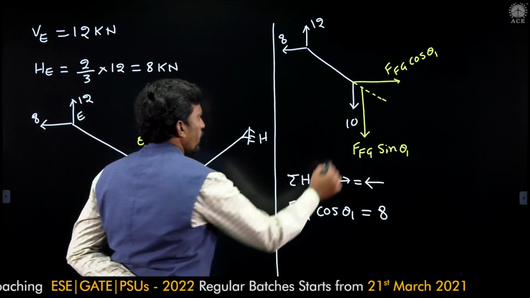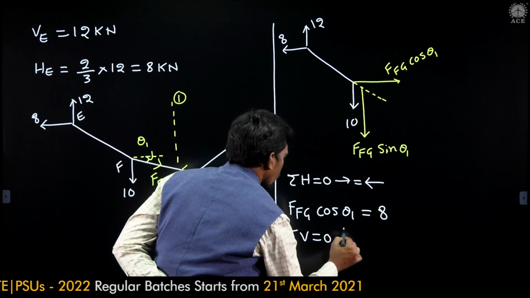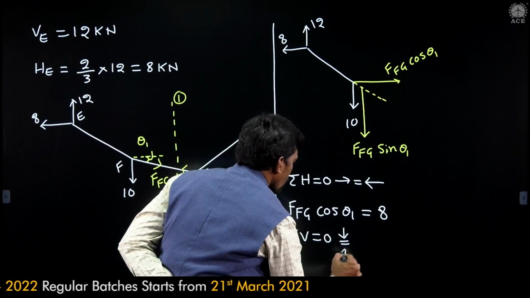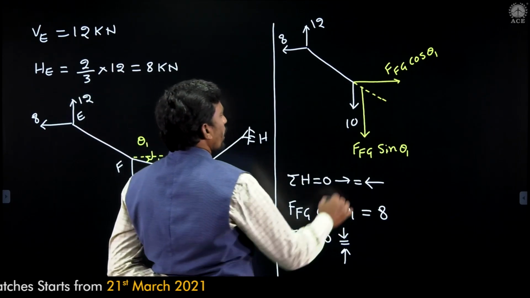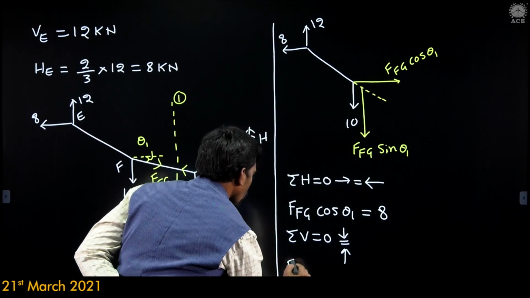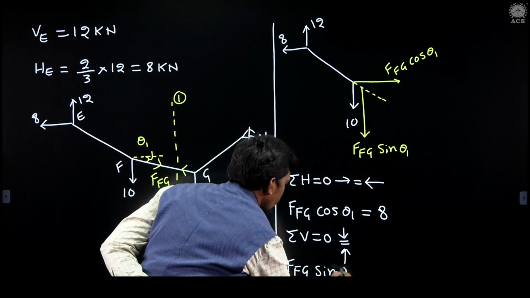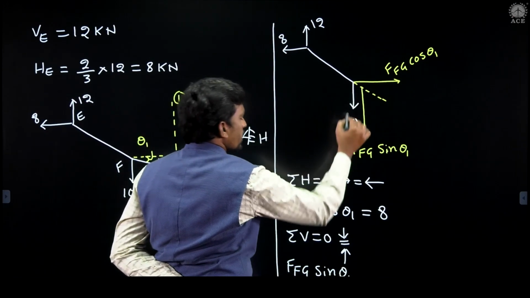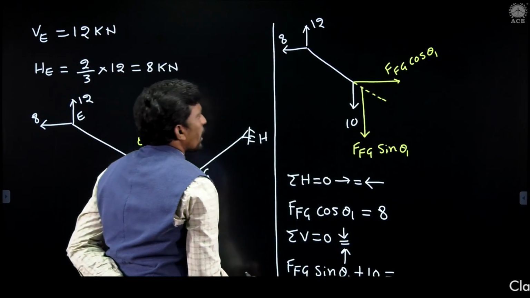Then similarly, use sigma V equals 0, that is, downward forces equal upward forces. In this diagram, what are the downward forces? Force in member FG sin theta 1 is downward, and this 10 also downward, equals what are the upward forces?